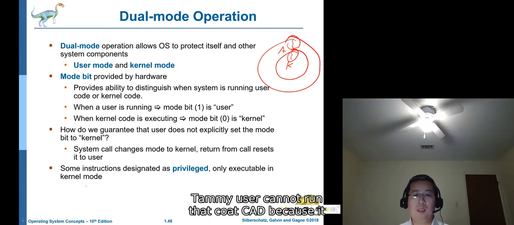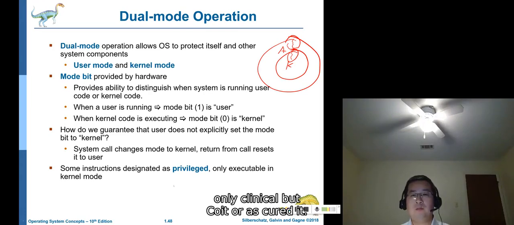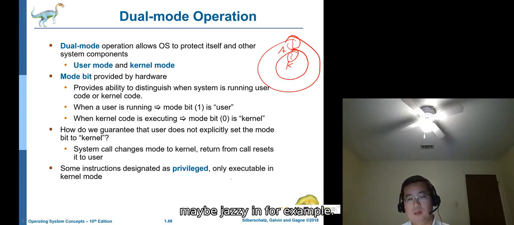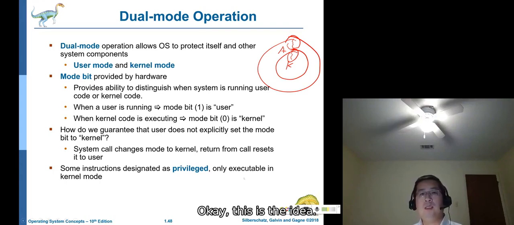That means the user cannot run that code, because it can only be executed by the kernel. There are some instructions like that, for example, format system. Okay, this is the idea.